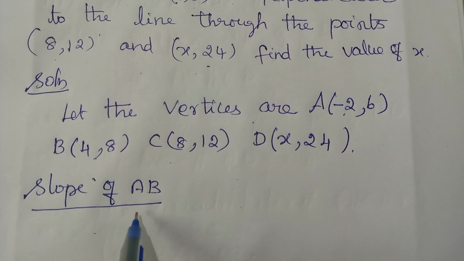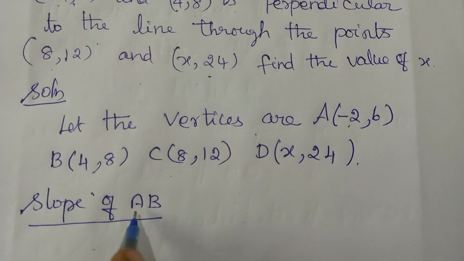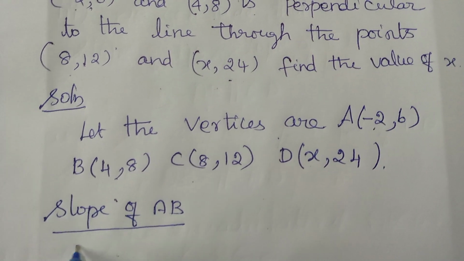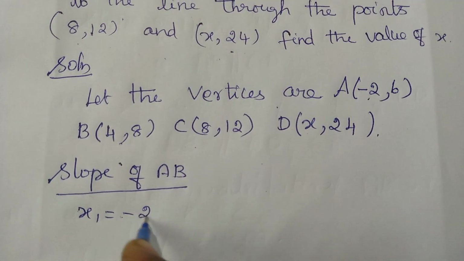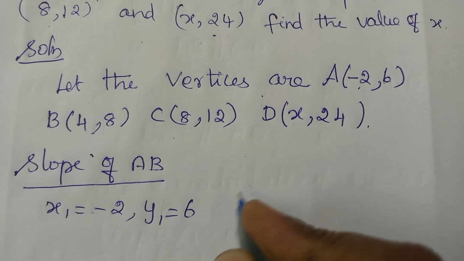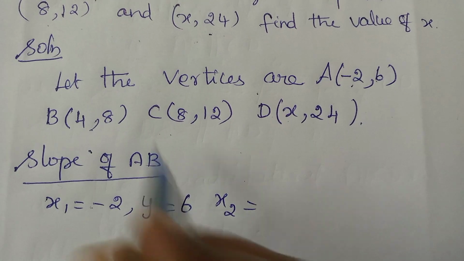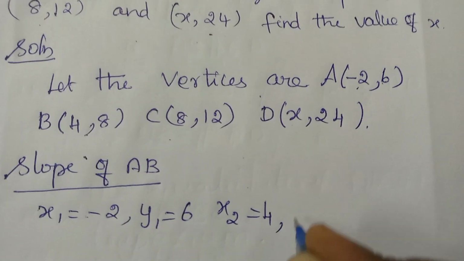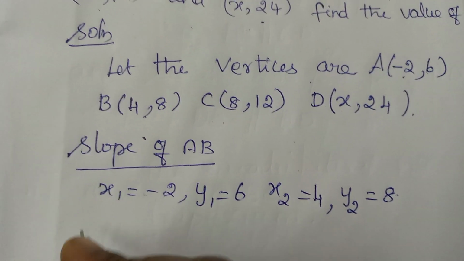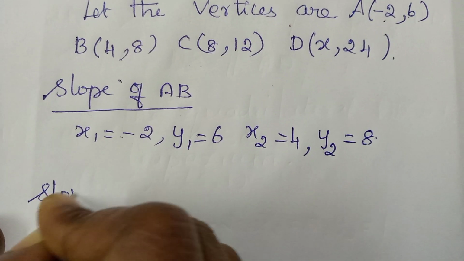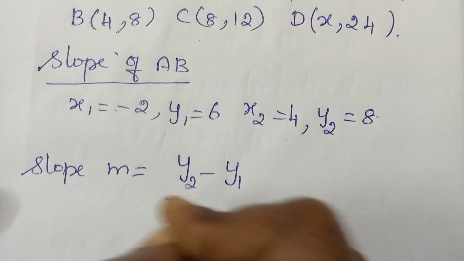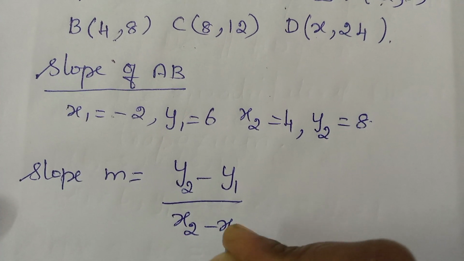Slope of AB: we have to use points A and B. Here x1 is equal to -2, y1 is equal to 6, and x2 is equal to 4, y2 is equal to 8. Formula: slope M is equal to (y2 minus y1) divided by (x2 minus x1).